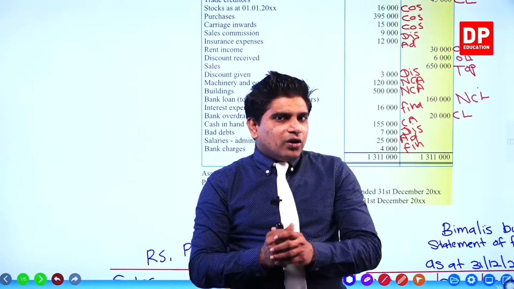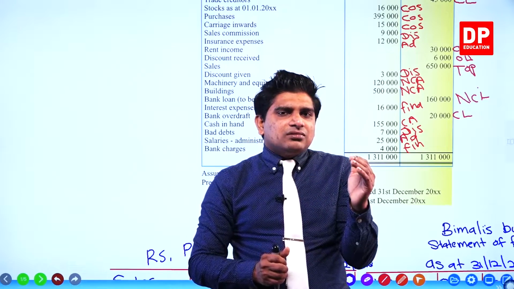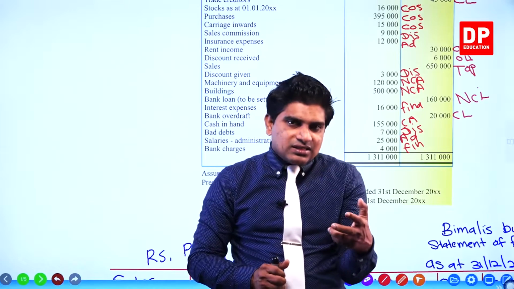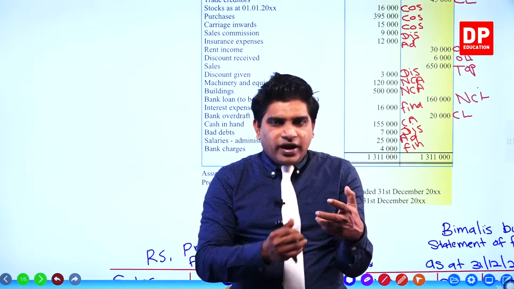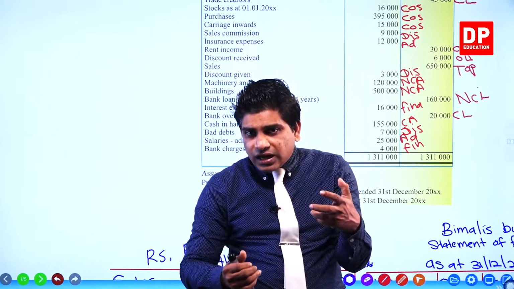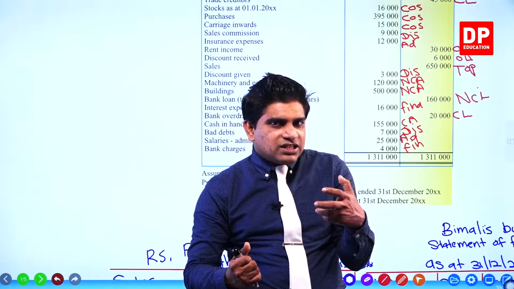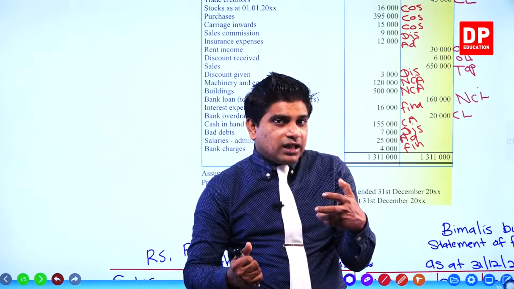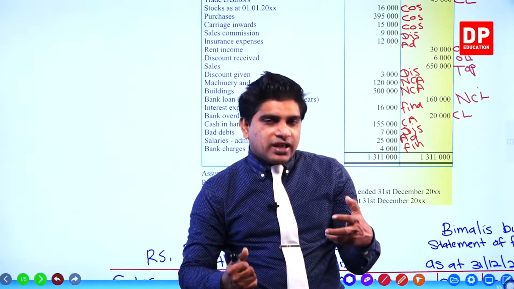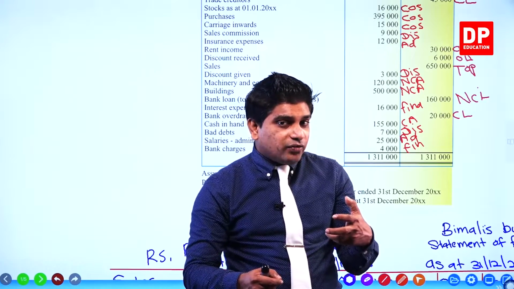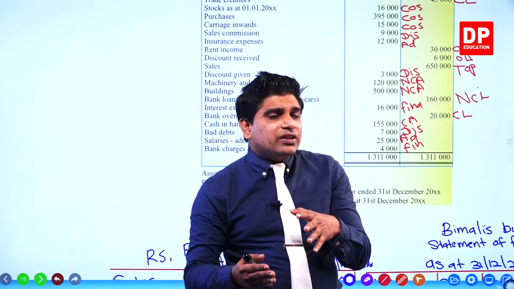So on the top we write land and building, where liquidity is very low. But at the end of the assets area, under current assets, we put cash in hand. Before cash in hand, we write cash in bank, because they have 100% liquidity.